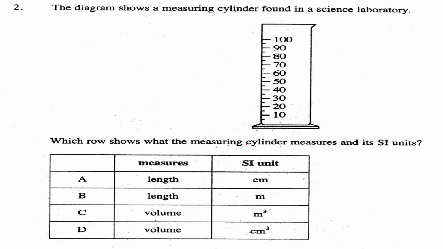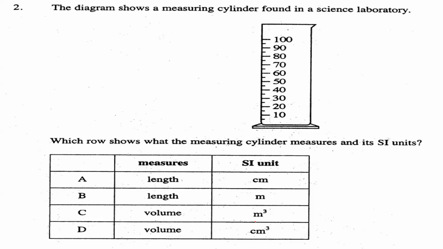A length, B length, C volume, D volume. SI units are A cm, B m, C m3, and D cm3. The way we pronounce it is meters cube and centimeters cube. You understand that, Sarah? Yes, sir.